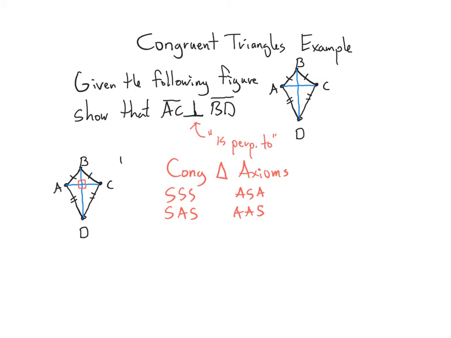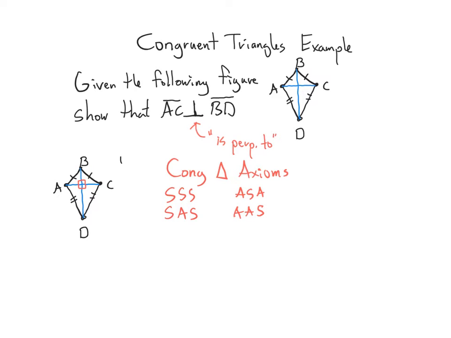All right, well, hopefully you've seen that we have a left triangle and a right triangle where we can use side, side, side. AB is congruent to BC, AD is congruent to DC, and BD is congruent to itself.